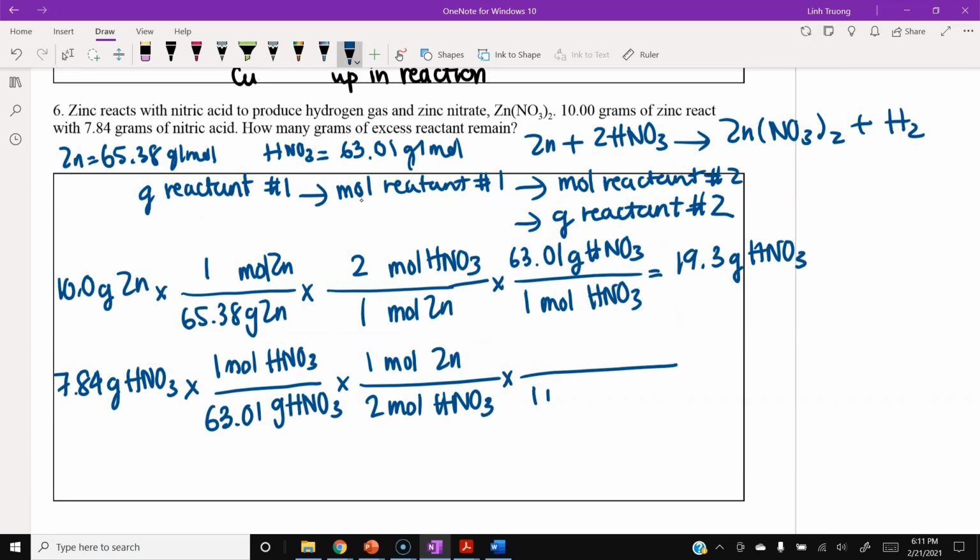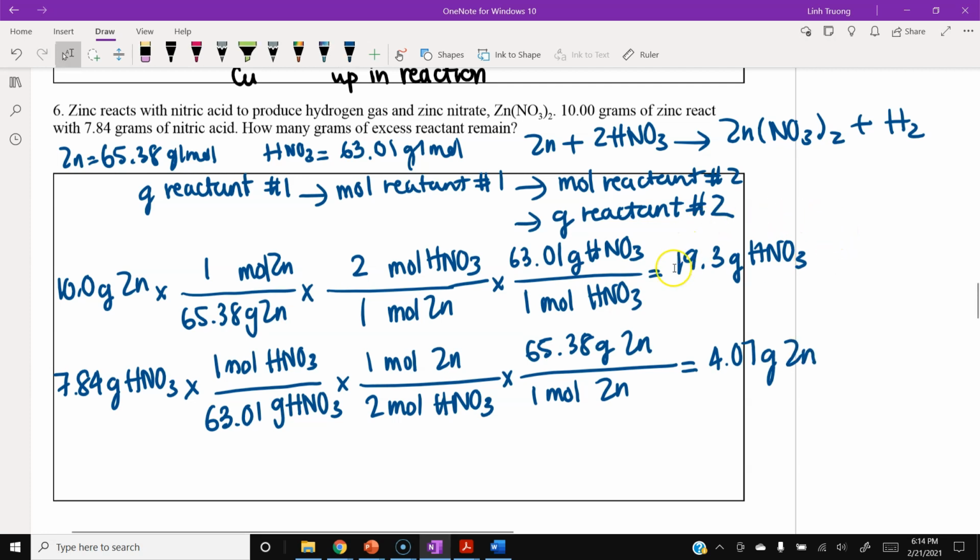Then I want to convert that back to gram of zinc, and I know 1 mole of zinc is 65.38 gram of zinc. My final answer after I put that into the calculator is 4.07 gram of zinc.